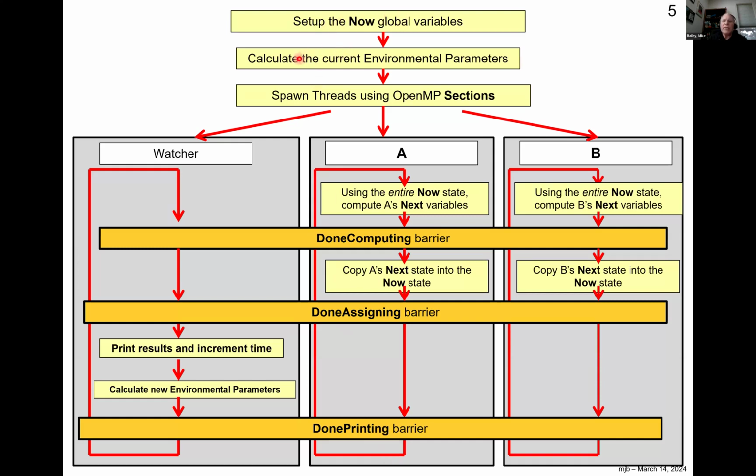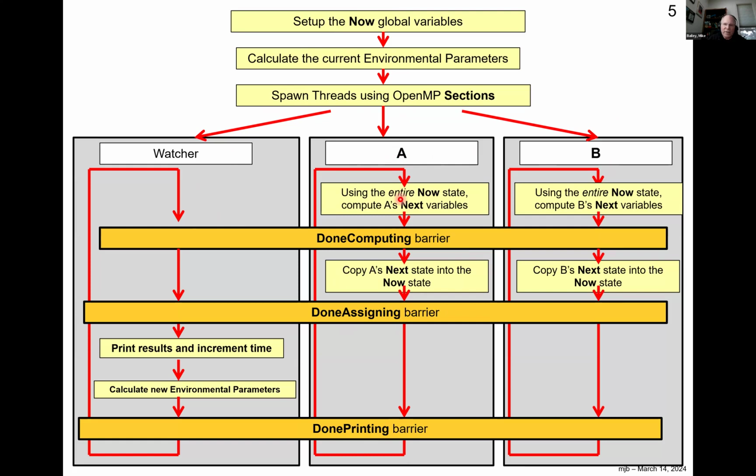Set up the now variables, calculate environmental parameters, spawn the threads using OpenMP sections. And this is a good use of sections because you know how many you have ahead of time. Otherwise, we could use tasks. And each quantity is going to have its own process.